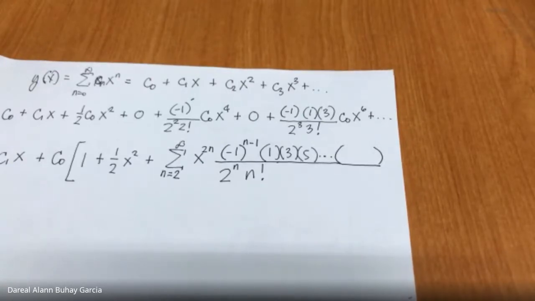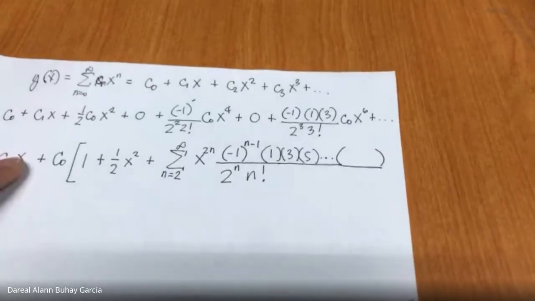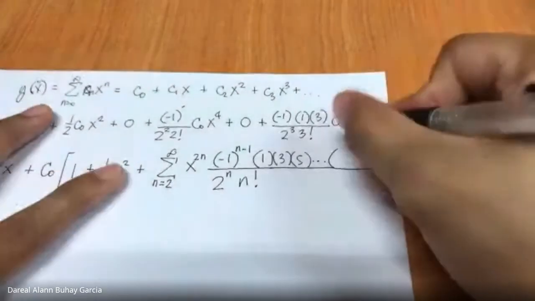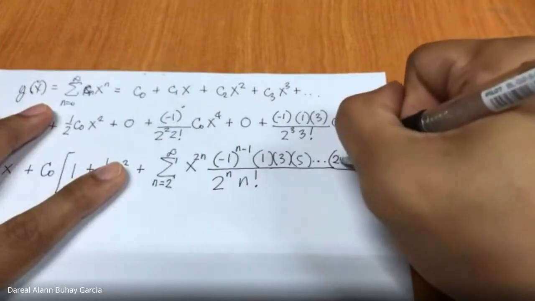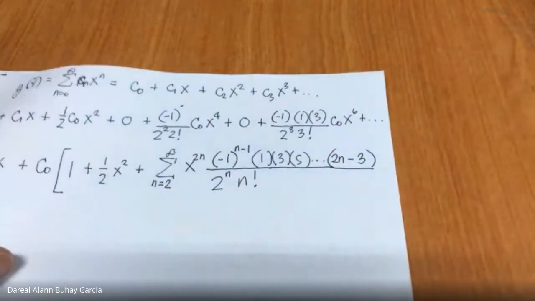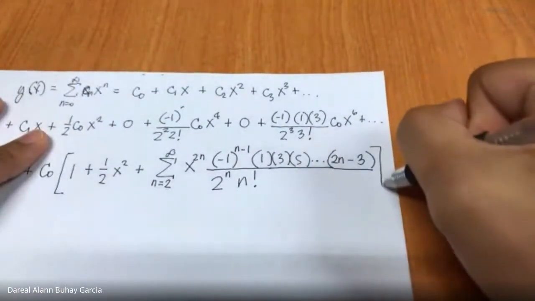Yun siguro. No? Yes. I think masakto na siya. 2n minus 3. Very good. And this is the final answer.